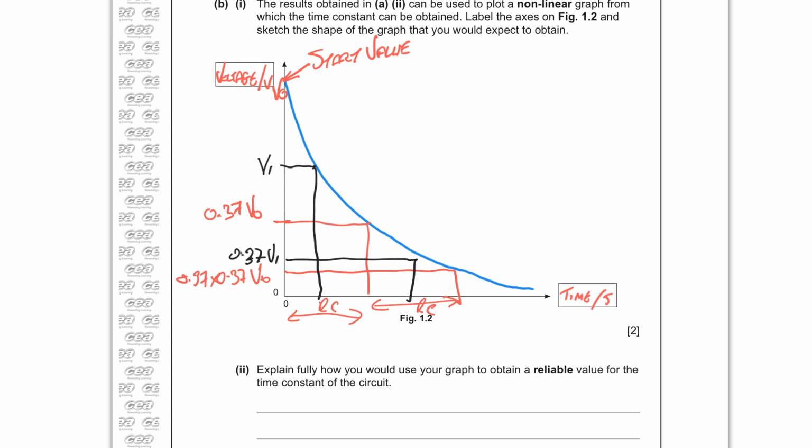That'll give you a third time constant from the same set of results. So the idea is that you take those multiple results and find a mean of them, and that's why they're mentioning a reliable value, that you didn't just do it once. You find several positions where you can obtain a time constant, and then you average those.